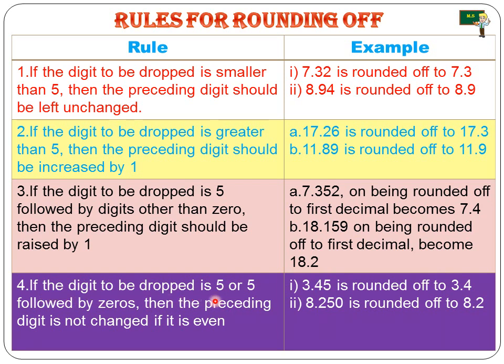Fourth rule, if the digit to be dropped is 5 or 5 followed by zeros, then the preceding digit is not changed if it is even. See here, 3.45 is rounded off to 3.4 only. It's not rounded off to 3.5. And 8.250 is rounded off to 8.2 only, not 8.3.